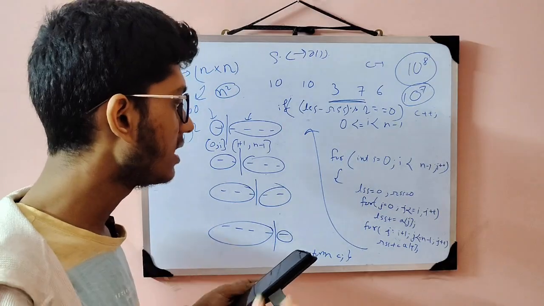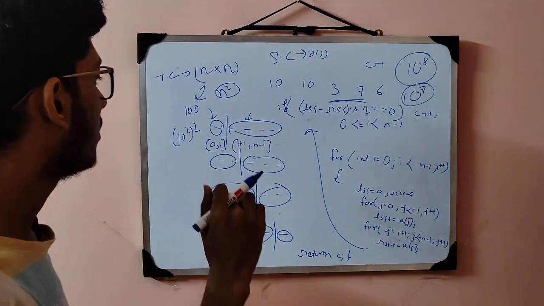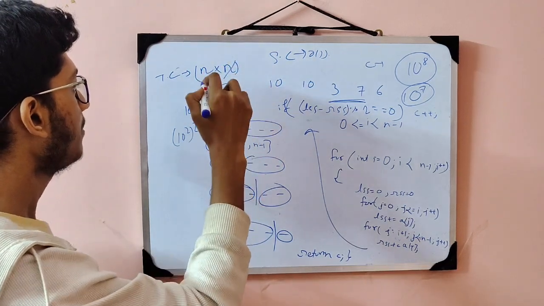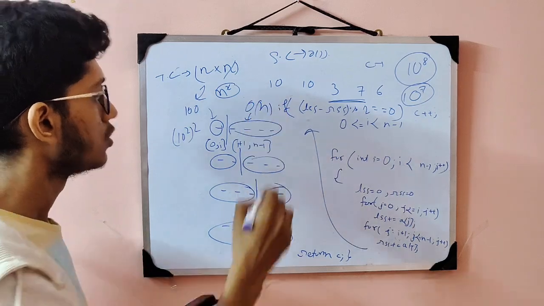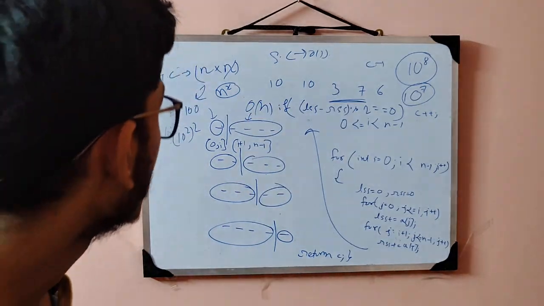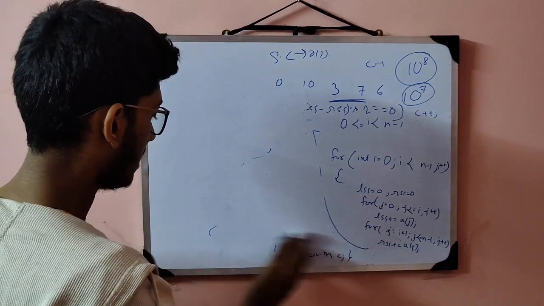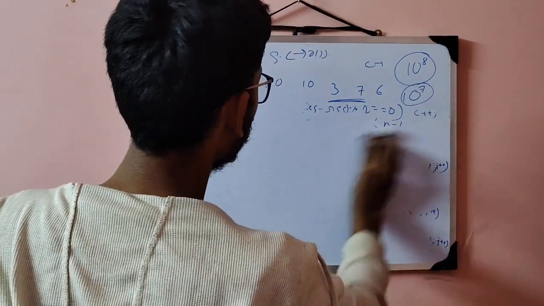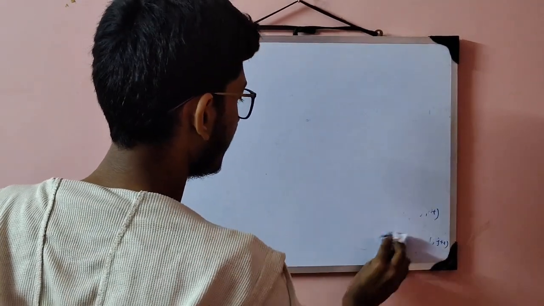Here we can do a little bit of optimization, and if we do that, it can run in time of big O of n. So how will we do that? Let's go on to how we can optimize this question a little bit. The space is already optimized, we don't have to think about that.